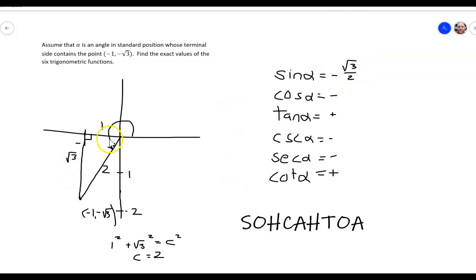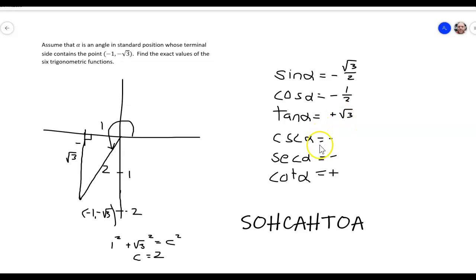My cosine will be adjacent over hypotenuse, remember, for this acute angle right here. So that'll be 1/2. Tangent will be opposite over adjacent, so that's just going to be √3/1, which is just √3.